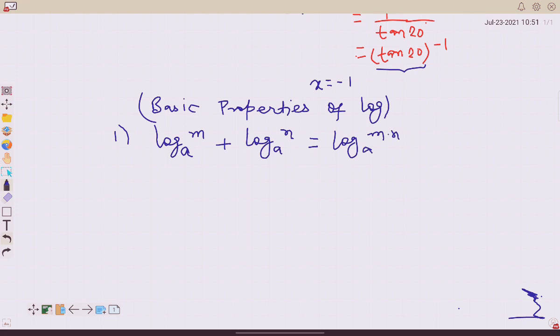Meaning if two logs with the same base are being added, we can write it in product form. This is the first rule.